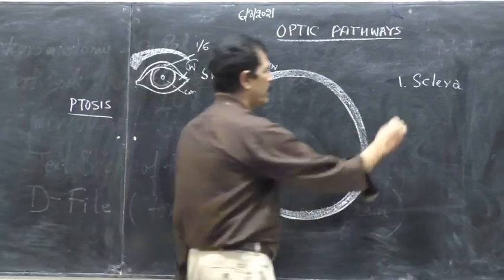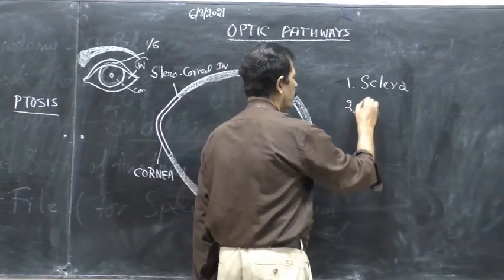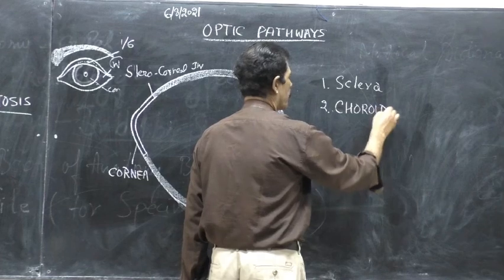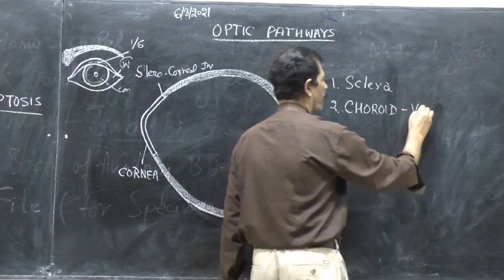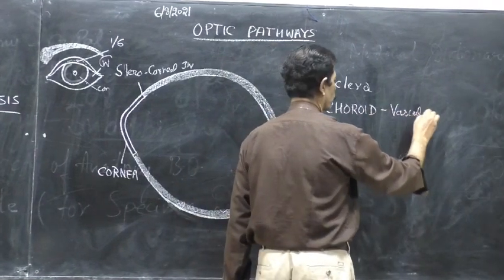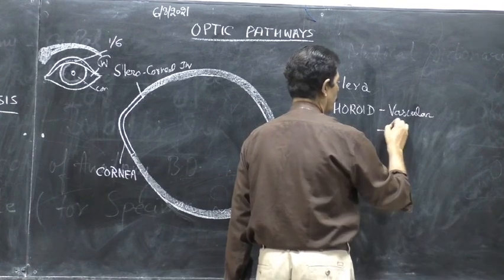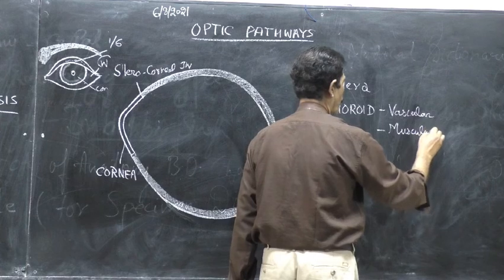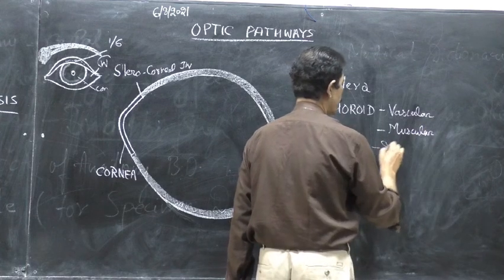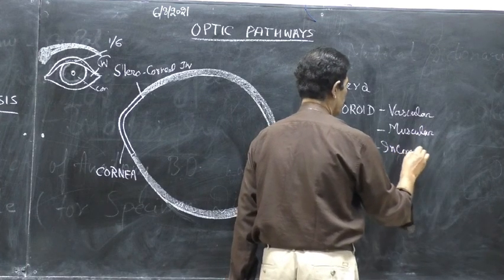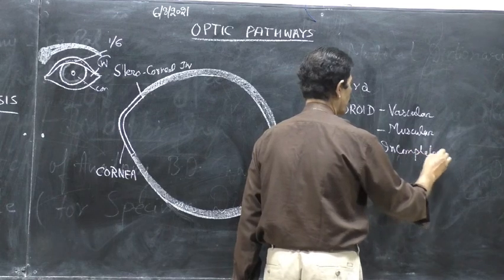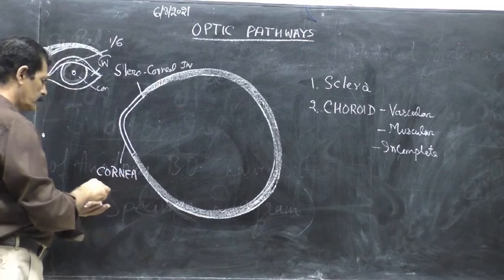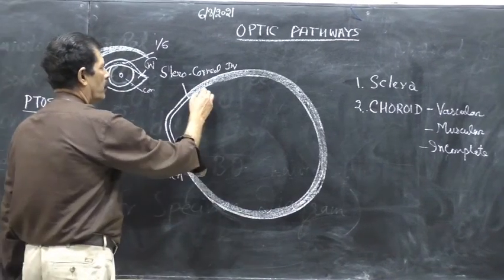The second layer inside it is the choroid, and the choroid is a vascular layer, and it is a muscular layer also, and it is an incomplete membrane. It is not complete like the sclera.